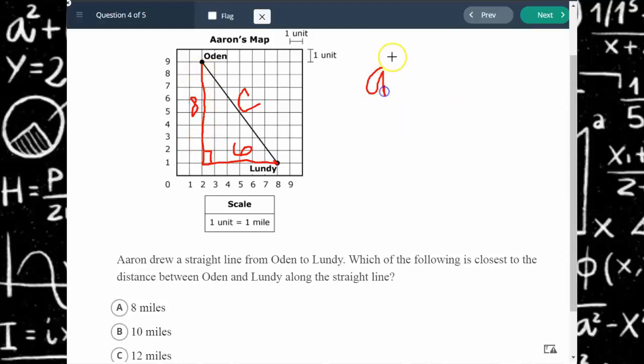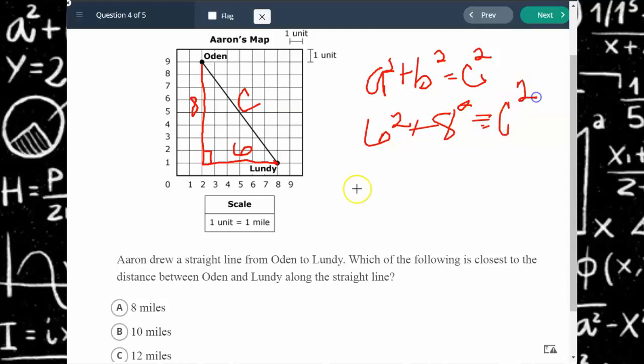So again, we're going to use the Pythagorean Theorem. A squared plus B squared equals C squared. So legs of 6 squared and 8 squared will equal the diagonal distance, C squared. 6 squared is 36. 8 squared is 64, which equals C squared.